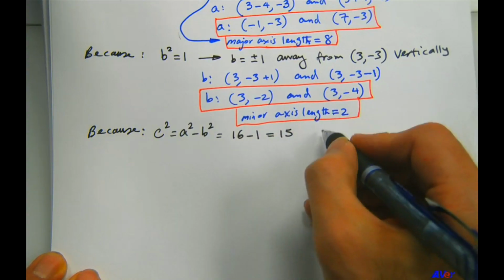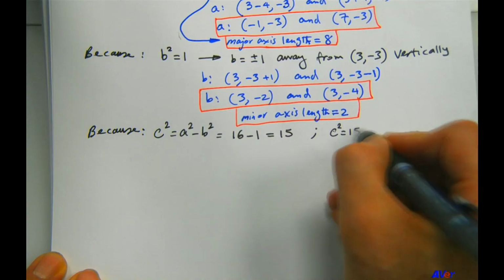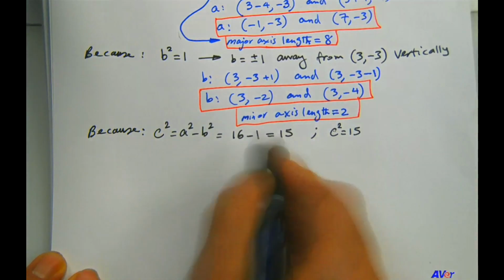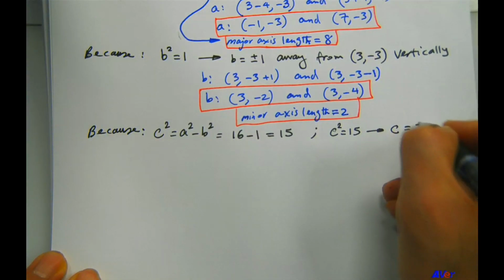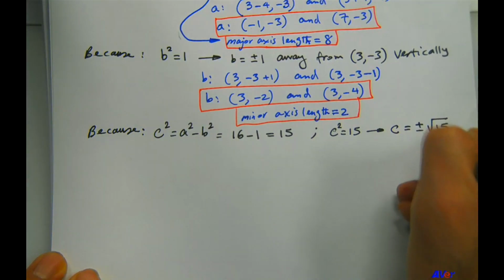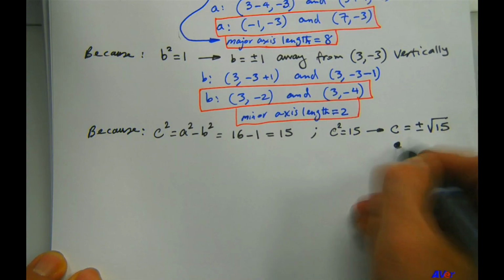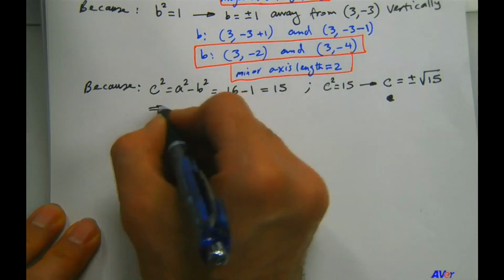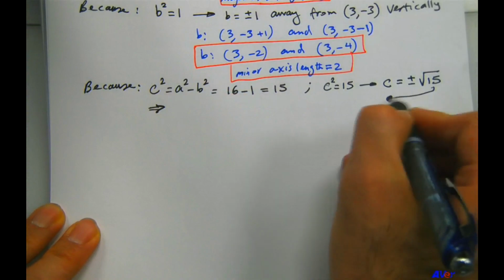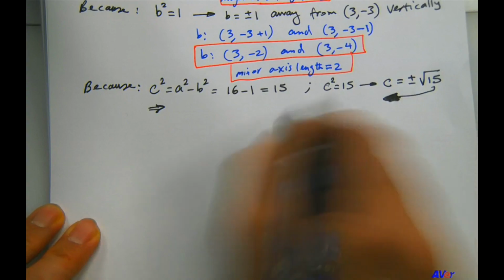So we know that c squared equals 15, right? That's what we just calculated. So therefore, c is equal to plus or minus square root of 15, or c is equal to, well, let me write it here because I'm not going to have enough room there. So let me make that an arrow in this direction.